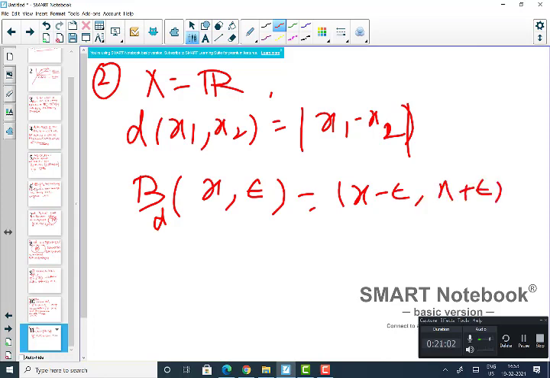So this is clear. The standard topology, the Euclidean topology, is also coming from a metric called the standard metric, right? Is that okay?